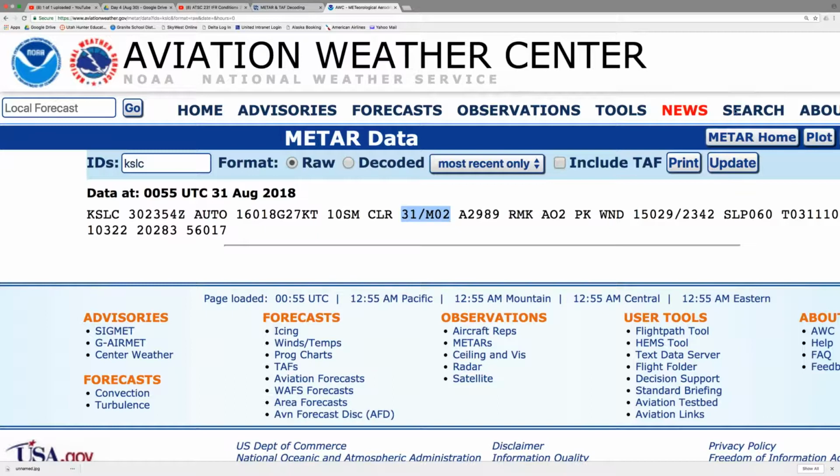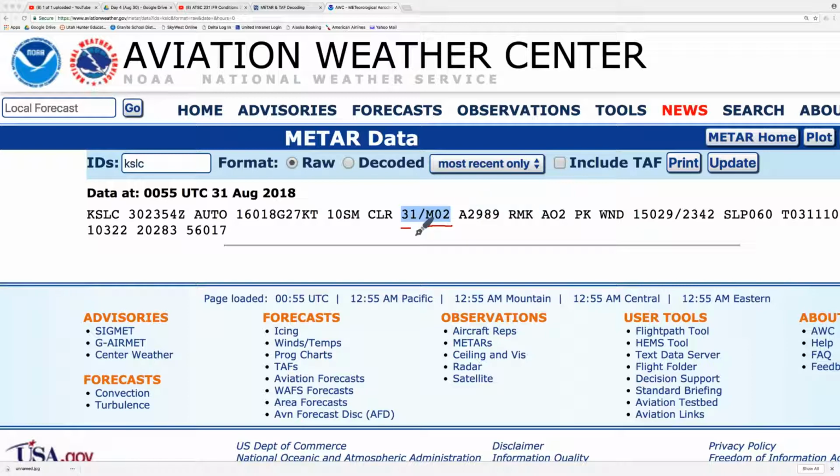It's currently 31 degrees Celsius and the dew point is -2. So the temperature would have to drop to -2 to reach 100% saturation, or the dew point has to rise to 31 degrees in order to reach 100% saturation.